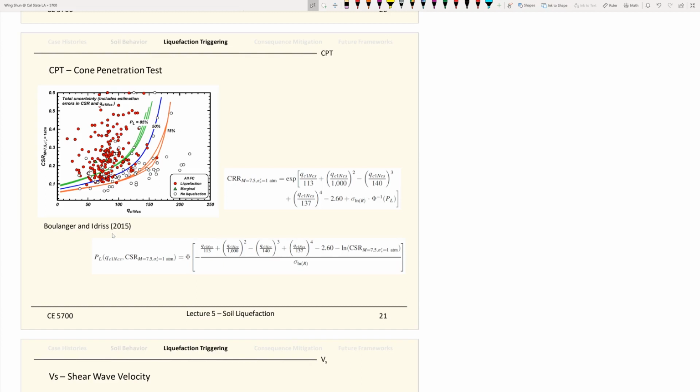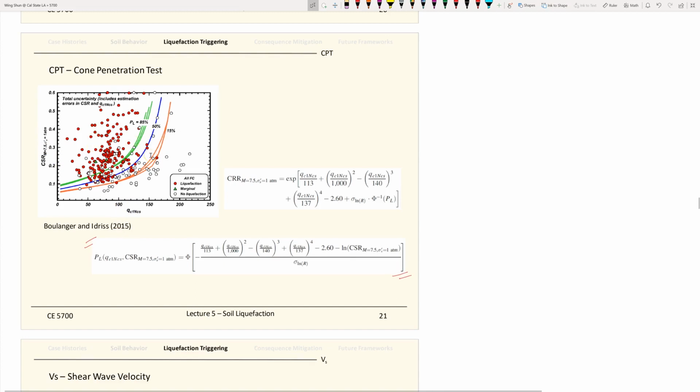But anyways, this is the CPT framework and all this probabilistic capacity curve. And if you want to know the equations of how to come up with those curves, this is the CPT probabilistic capacity curve.